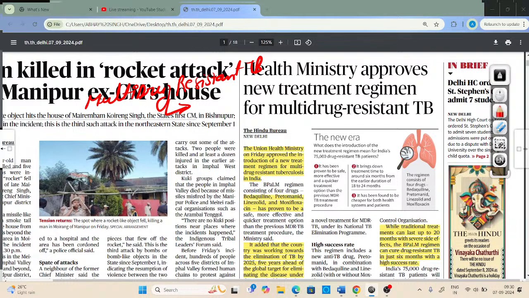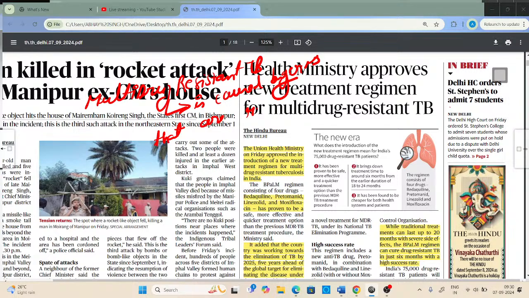Basically this is a kind of tuberculosis which is caused by germs that are resistant to two or more of the main TB medicines.